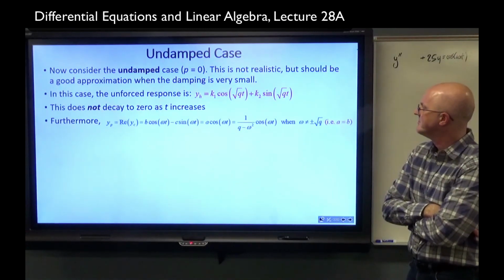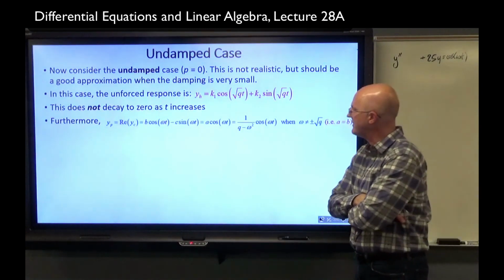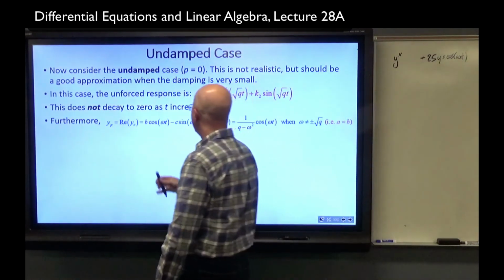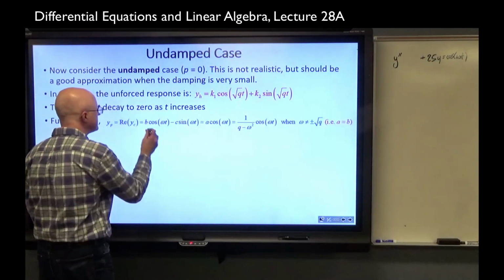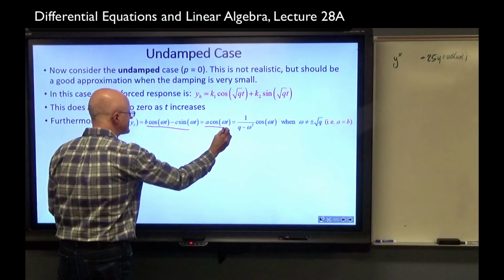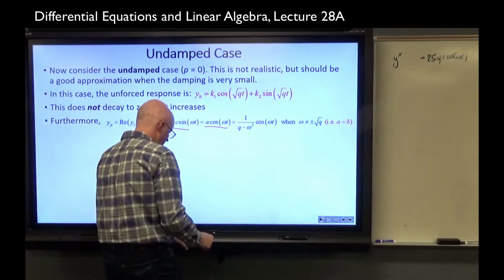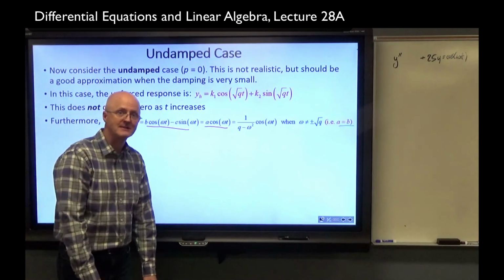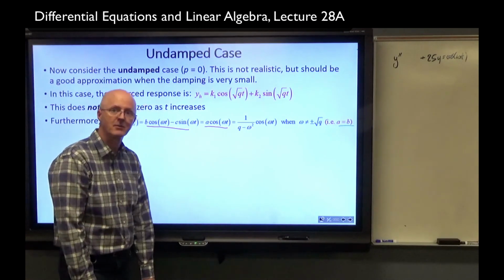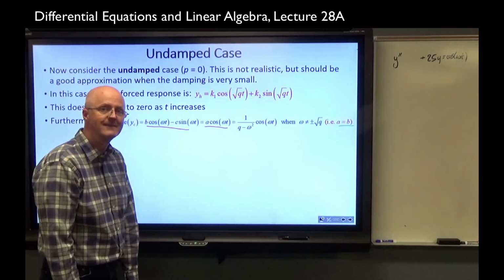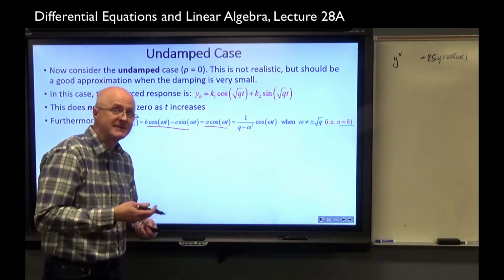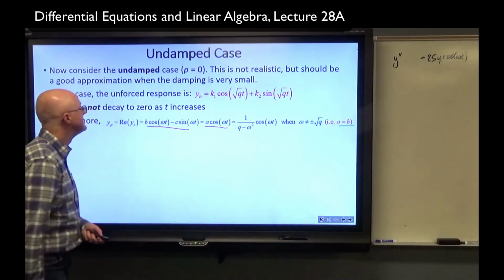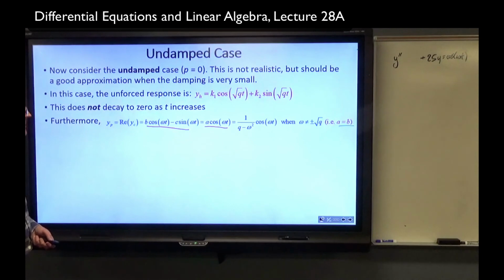Furthermore, y_p simplifies. That work I did before still is valid, but it simplifies to this. In other words, A equals B, and A is not a non-real complex number, it's a real number. Real numbers are complex numbers with 0 imaginary part, but understand what I mean here.